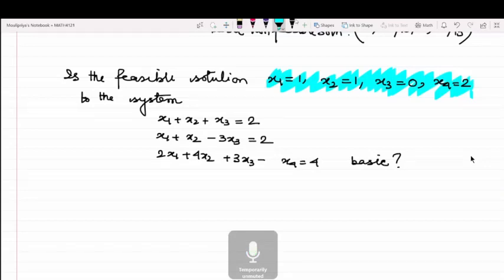Exactly. So we are getting that x3 is the non-basic variable.